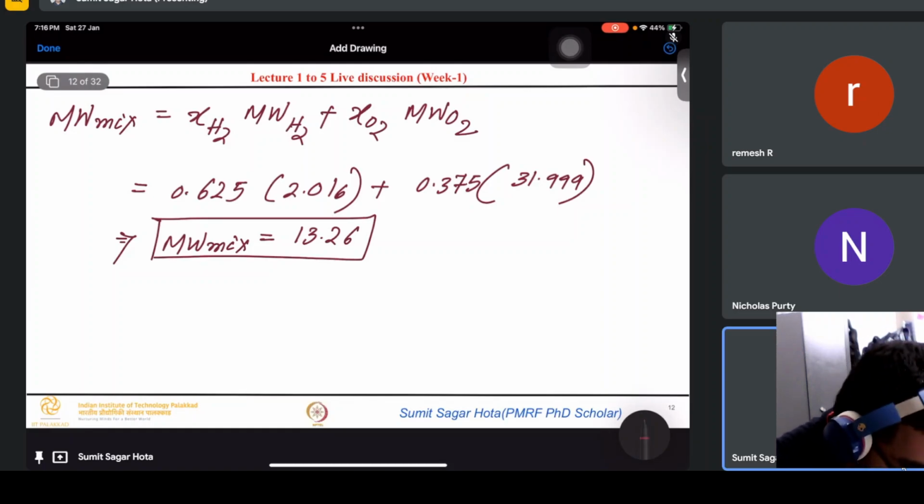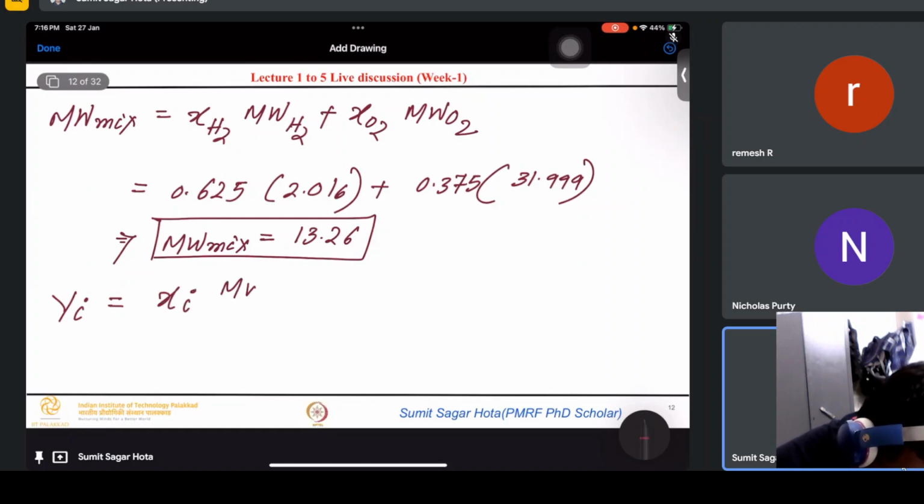To find the mass fraction, we get the mass divided by the molecular weight of the mixture.